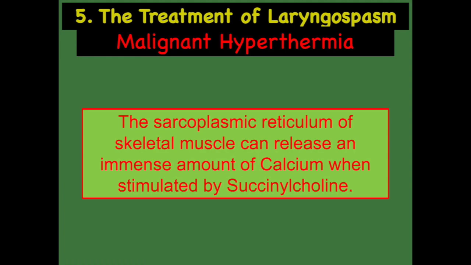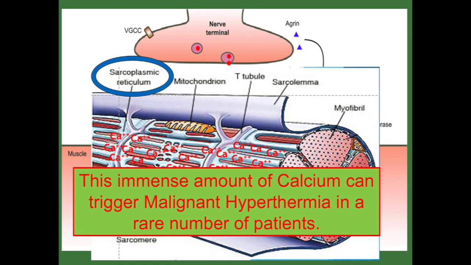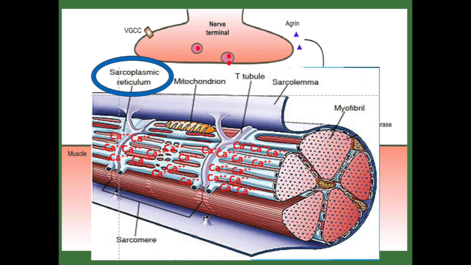So with malignant hyperthermia, the muscle's sarcoplasmic reticulum releases an immense amount of calcium when we stimulate it with succinylcholine. You'll see that calcium is just flooding the area, and it will cause a stiff contracture, and hypermetabolic means are going on that generate a lot of carbon dioxide.